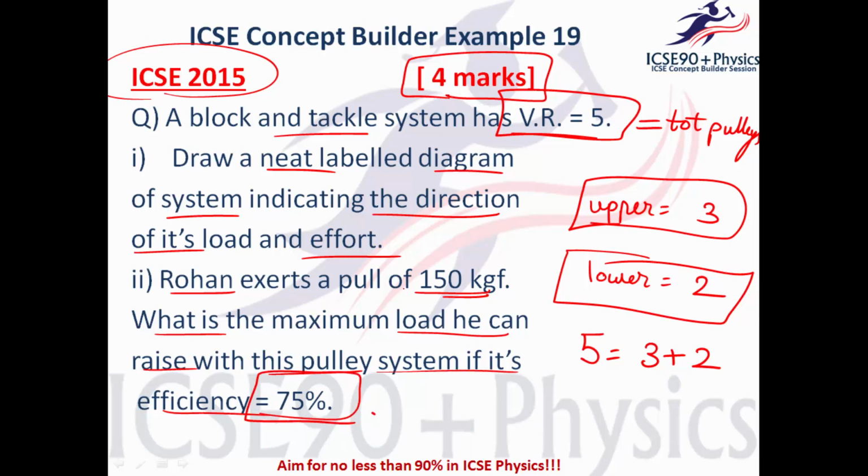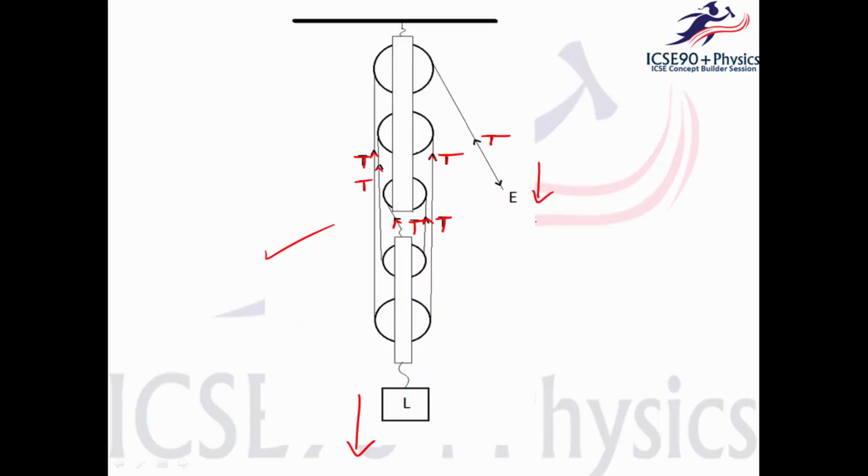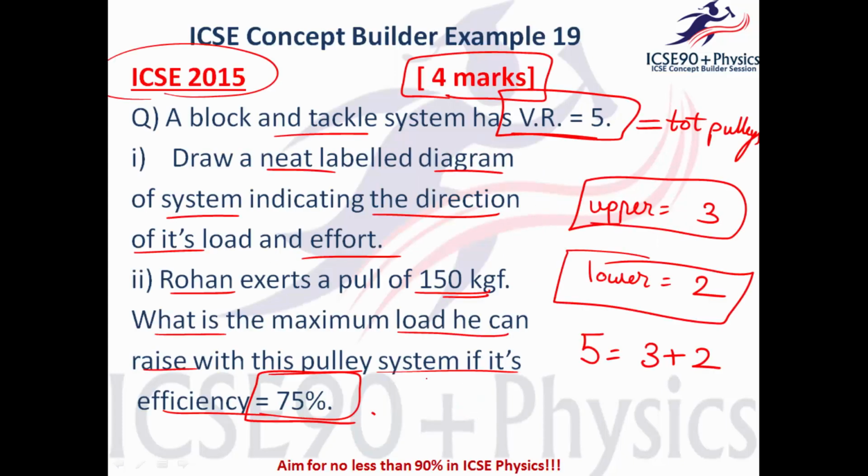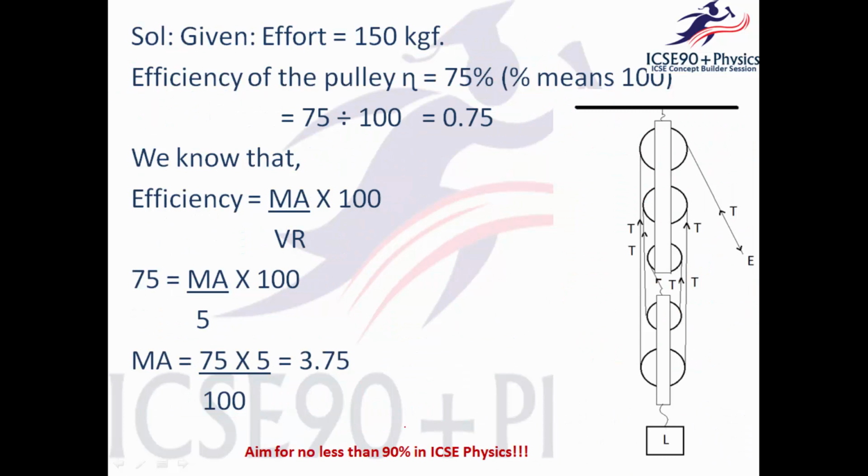Now Rohan exerts a pull of 150 kgs, right? So the effort E applied by Rohan in the downward direction would be 150 kgs, and we are asked what would be the maximum value of the load L that he can pull if the efficiency of the system, eta, is given to be 75%. Club the given data.